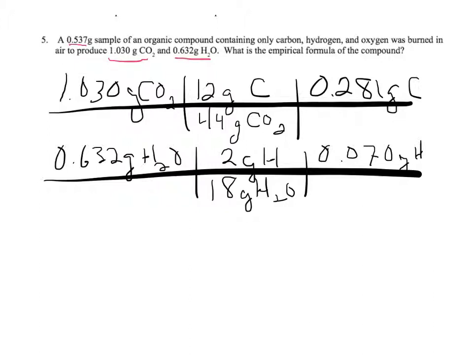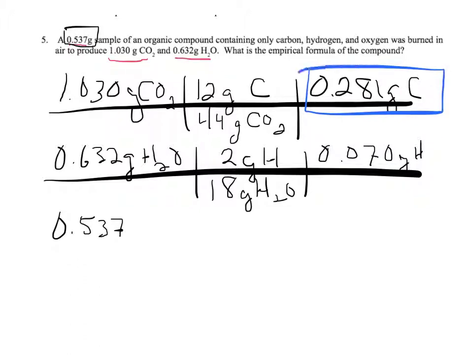Okay, and then once we have those two, this is how we can determine how much oxygen we have. So if we take this value here, 0.537, of that 0.537, 0.281 grams is carbon and 0.070 grams is hydrogen, then what's the remaining mass coming from? The remaining mass is going to be coming from the oxygen.